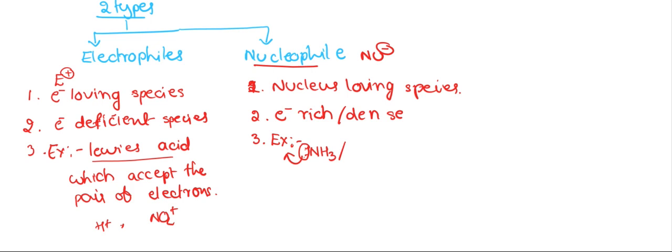Negatively charged examples include carbanions like C minus, and cyanide is one of the best examples of a nucleophile. As we go through the reactions, we will understand the conceptual theories of nucleophile and electrophile.